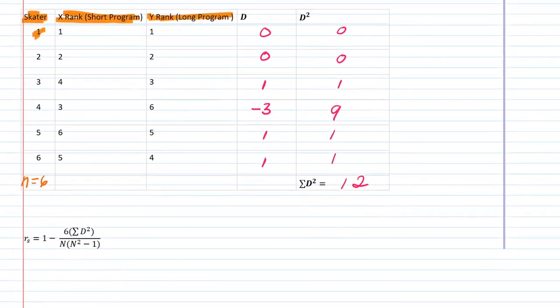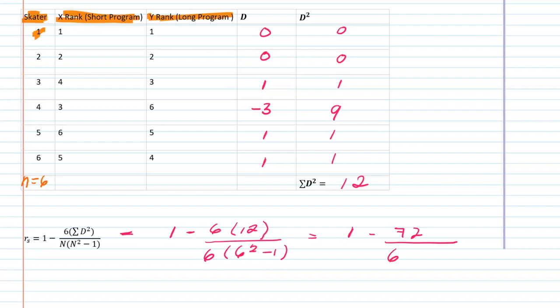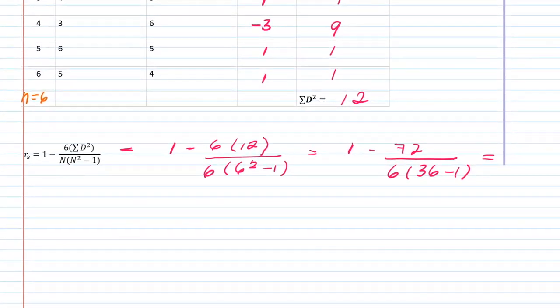Now I just need to find my correlation. So 1 minus 6 times 12 divided by 6 squared minus 1. 1 minus 72 divided by 6 times 36 minus 1. 1 minus 72 over 210.